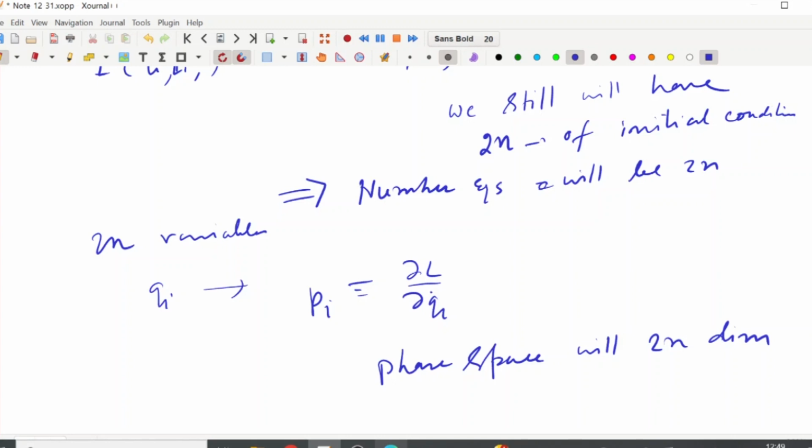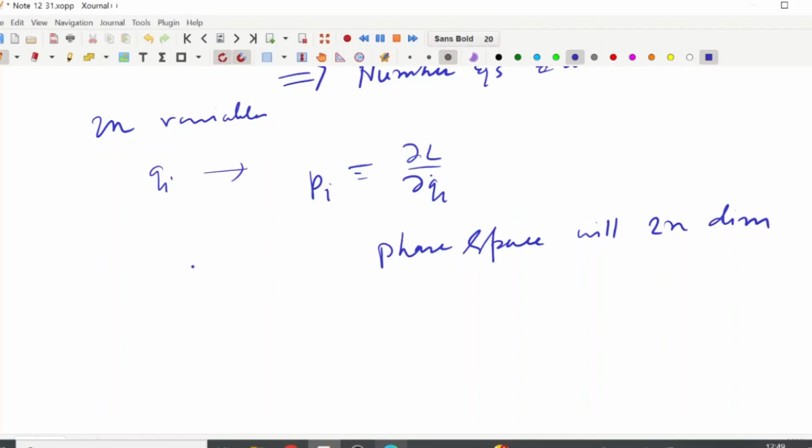However, I would like to mention that it is not invertible to take half of the coordinates and half of them as momenta, so as to have first order differential equations. Okay. So, now mathematically the problem is to construct a system which will change the basis. In the Lagrangian we had the basis q_i, q_i dot, t.